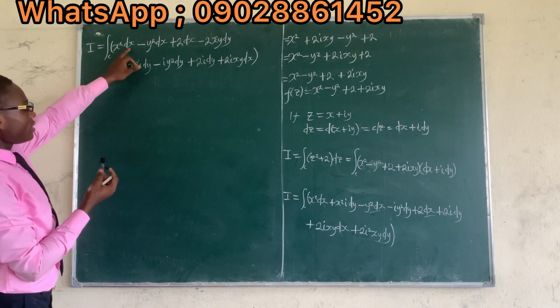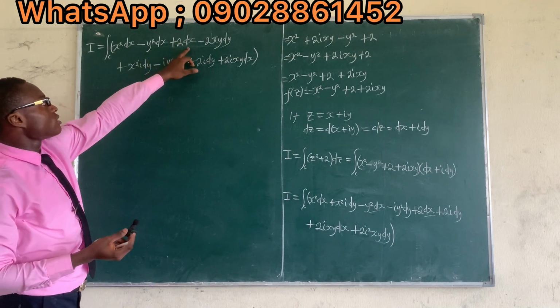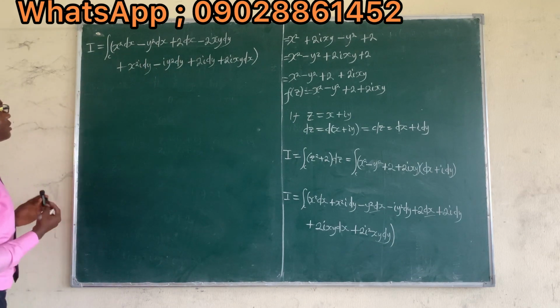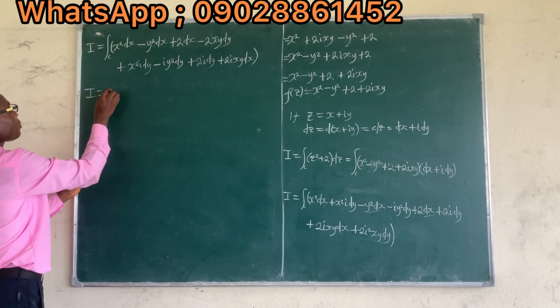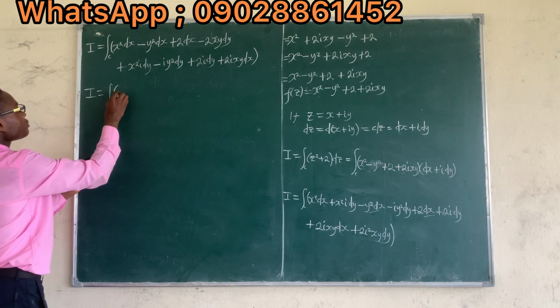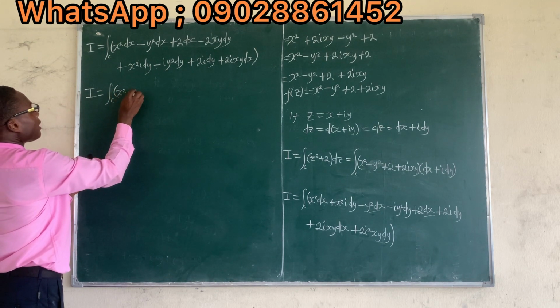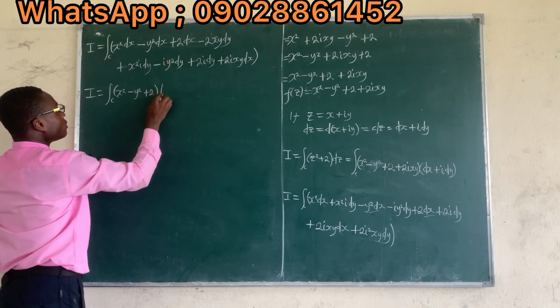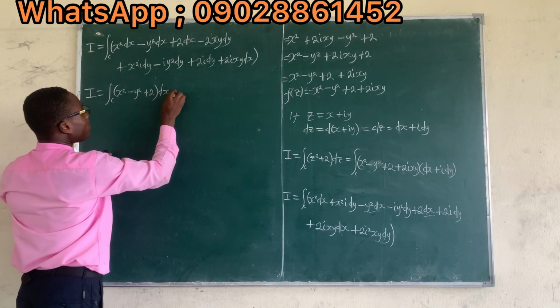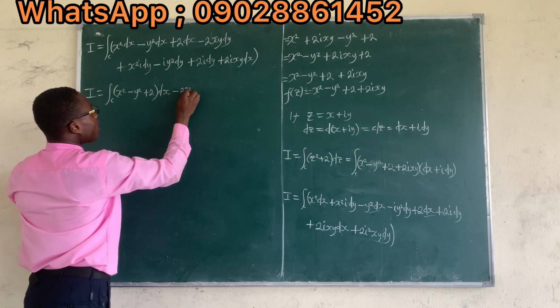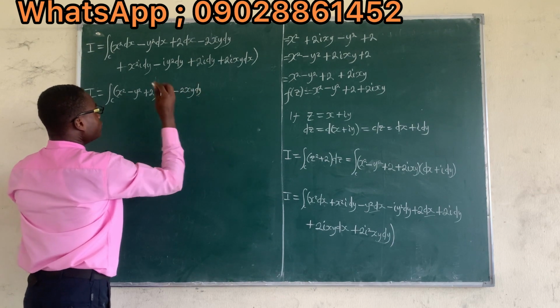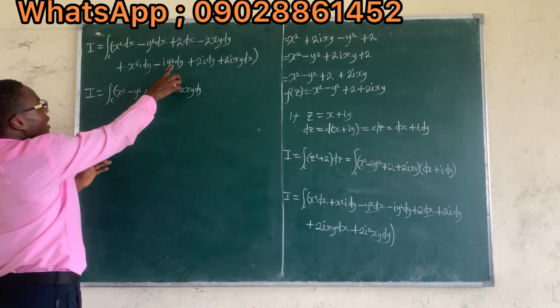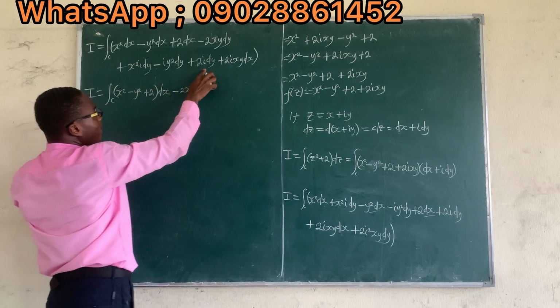But notice that we have the x here, the x here, the x here. So we can factor out the x. So I is equal to the integral over C of (x squared minus y squared plus 2) dx minus 2xy dy. We have i here, i here, i here, i here.